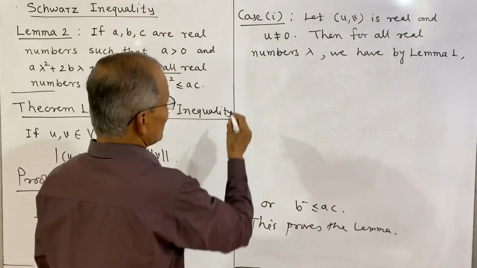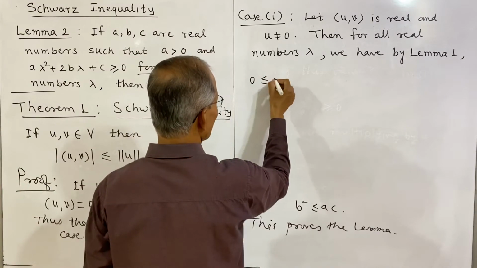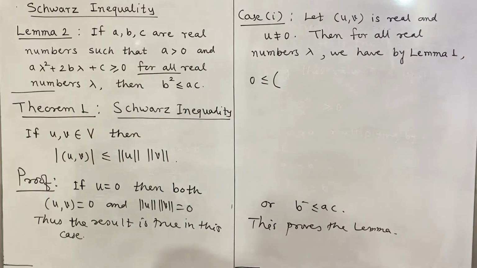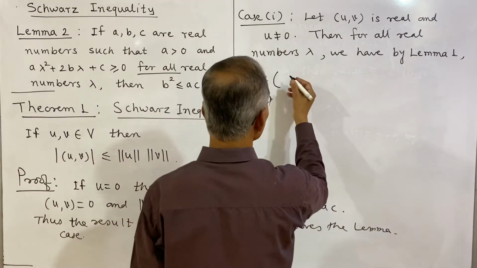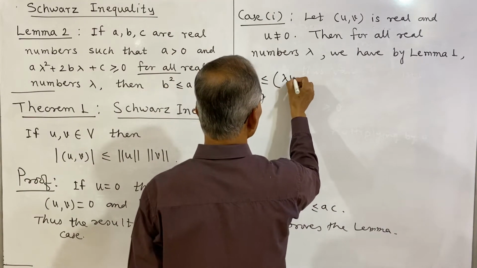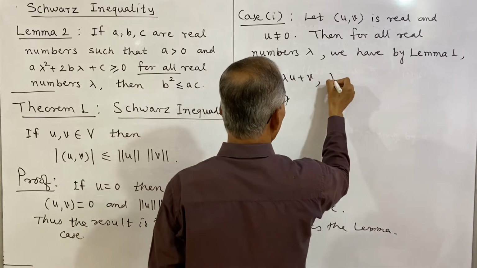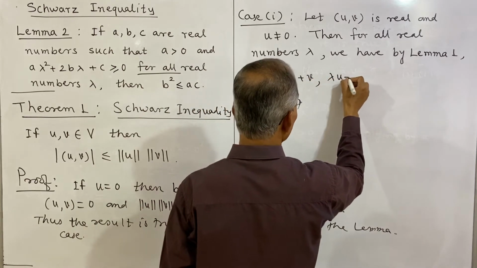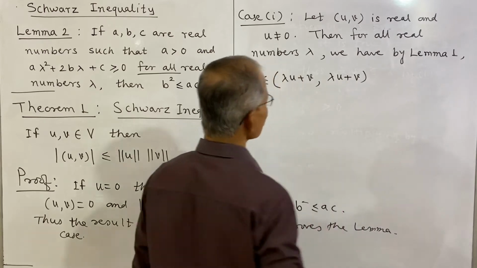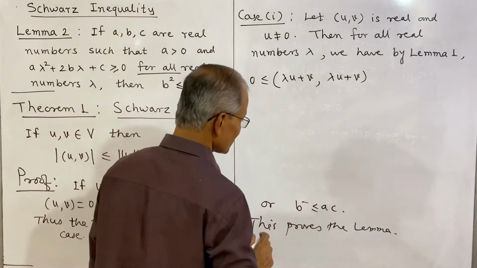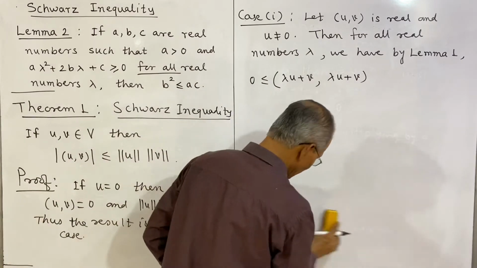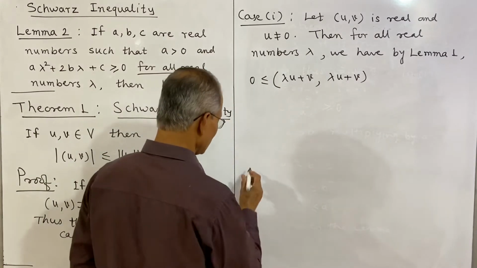We have 0 is less than or equal to the inner product of lambda u plus v with itself. This we shall consider. And you see what is lemma 1 that we have proved.